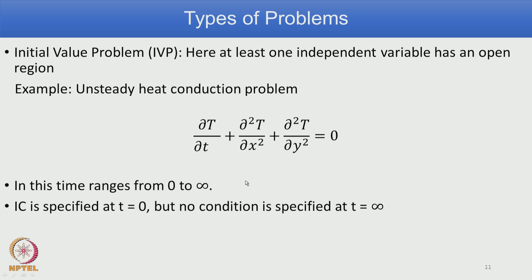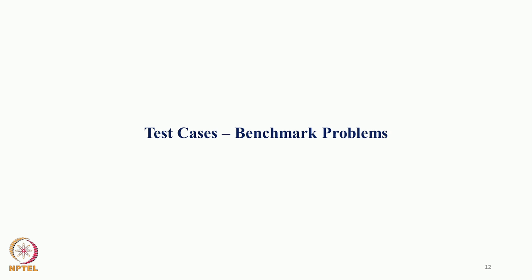The temperature is a variable here. We specify a temperature value at time equal to 0, and there is no value specified at time equal to infinity. So, that is why it is called an initial value problem. The variable has an open ended solution.